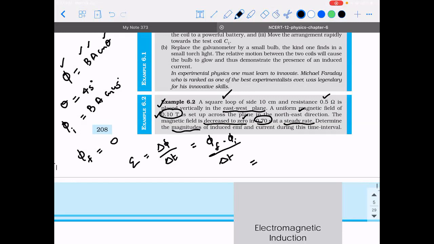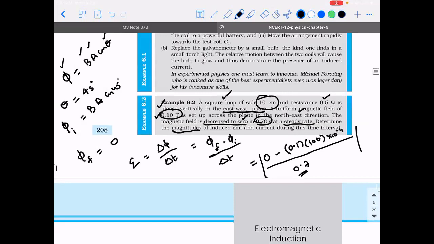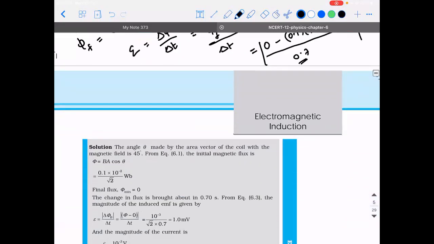The final value is 0 minus B, which is 0.1. Area: a side of 10 centimeter means area is 100 into 10 power minus 4 meter square. The whole divided by 0.7. If you take the magnitude of it, that will give you the required answer. Okay?